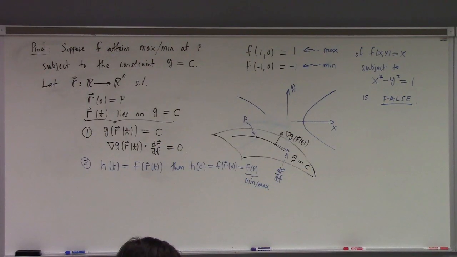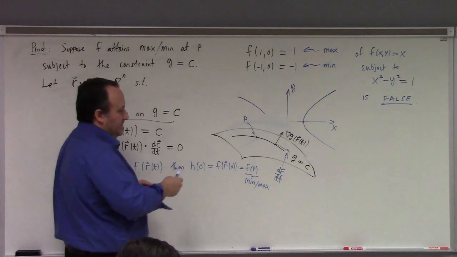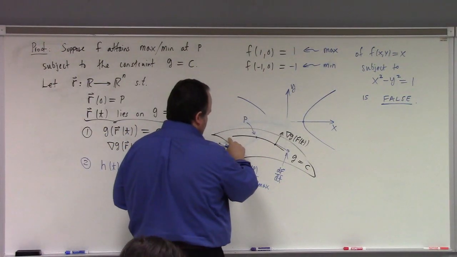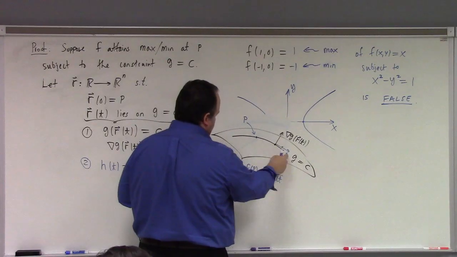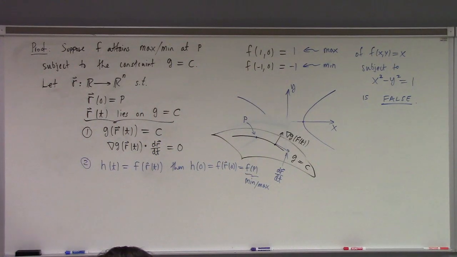Think about this. If we're looking at the values of f attained along this curve on our constraint surface, and that point is the place where f takes its maximum or minimum, then it must also be the maximum or minimum of f restricted to that particular subset near the point.